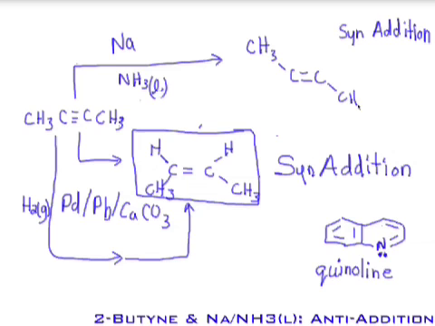Sodium is reducing, reducing the alkyne to an alkene, but it goes stepwise so as to give us anti-addition, or the trans-2-butene. Be careful. All right. This is a lot like the reaction used to make this alkyne.